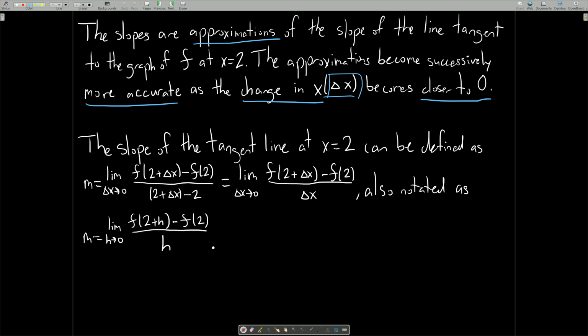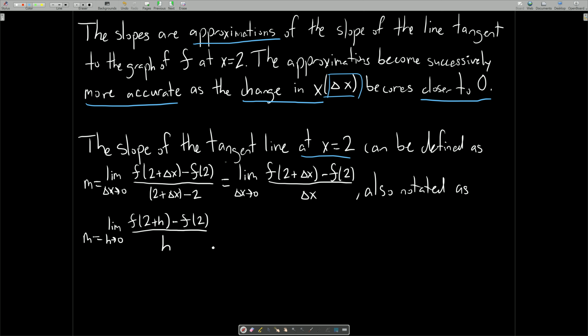And so because of that, the slope at x equals 2 can be defined as m, which is your slope, equals the limit as delta x approaches 0 of f of 2 plus delta x minus f of 2 over your 2 plus delta x minus 2.